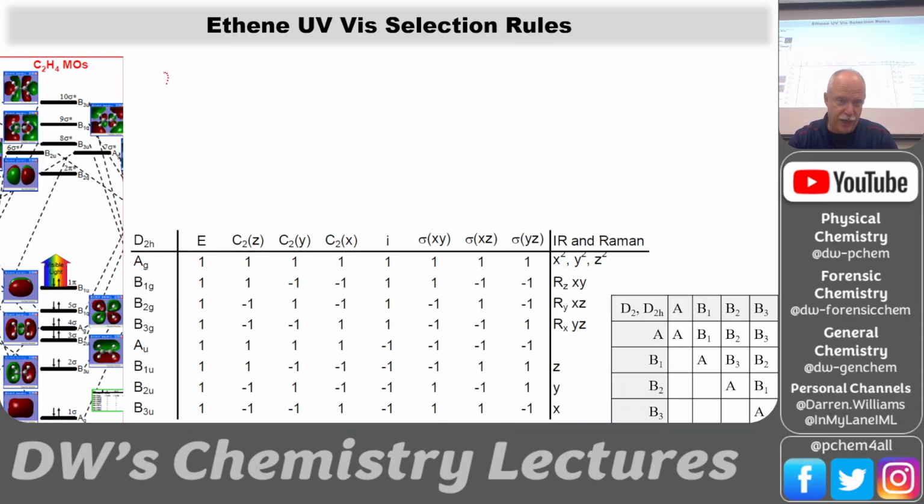What we can do is let's just try the HOMO to LUMO transition. We may have already tried this. Did we do this one the other day? I don't think so, because we just barely got through the ethene one. This is a quick way to determine if something is going to be colored or not. Because you look in the visible region, this is the length of the arrow for 400 nanometer light.